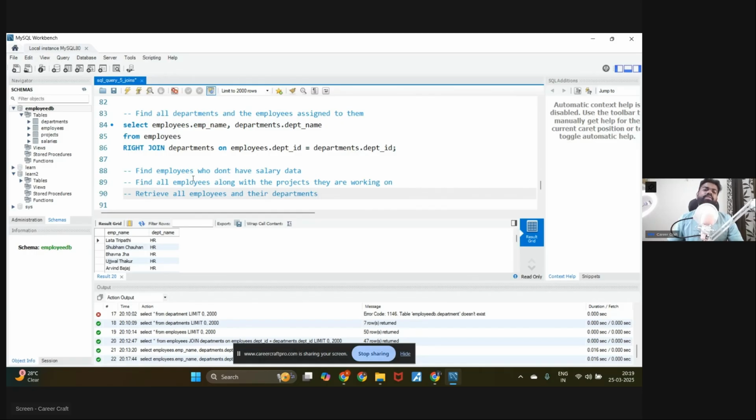This is the question. Find all employees who don't have salary data. So we'll start with this. This is not that hard. It's easy; both questions are easy actually. But you have to use your brain.